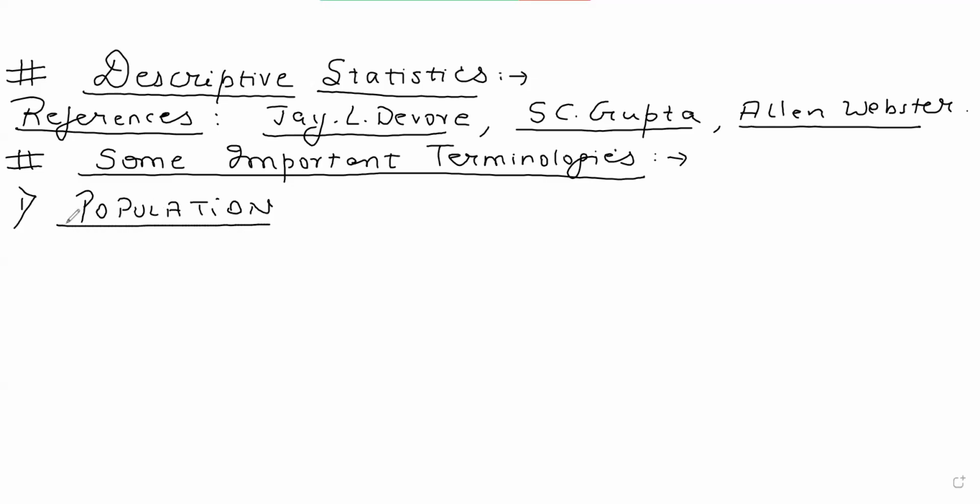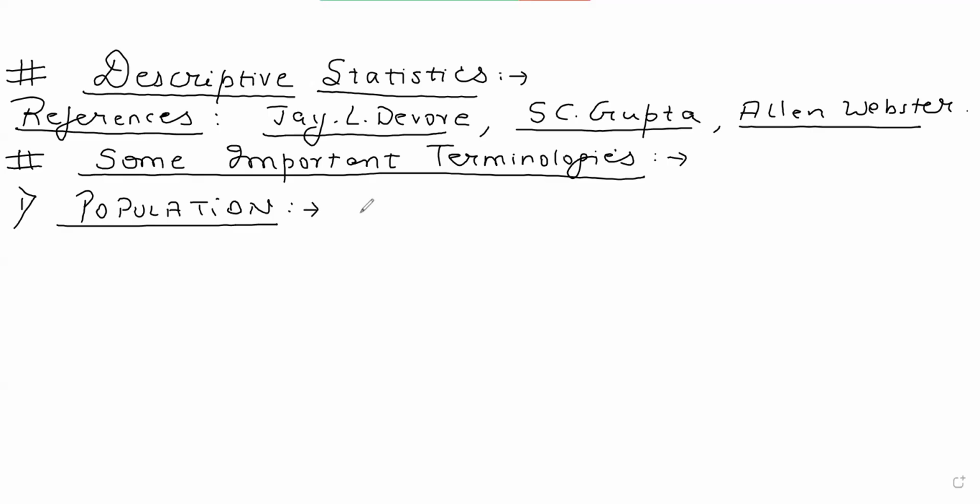Although the topic is descriptive statistics, eventually we are also going to focus on inferential statistics. That's the next branch of statistics, where we have something called the population and something called the sample. So before digging deeper, let's understand what is meant by a population.